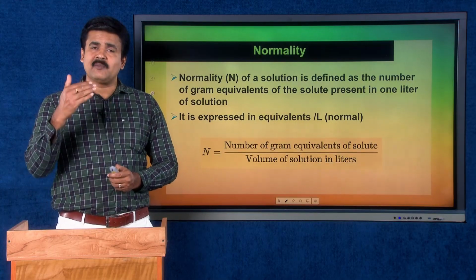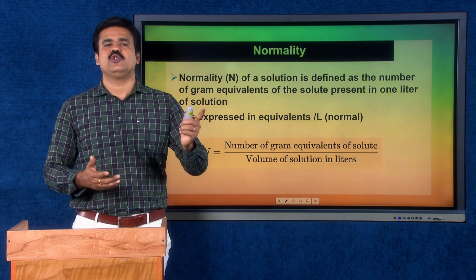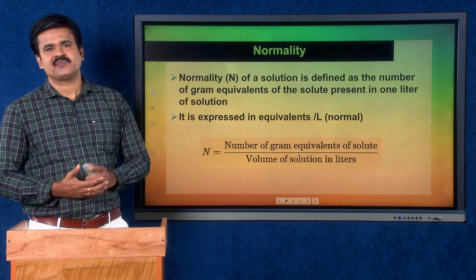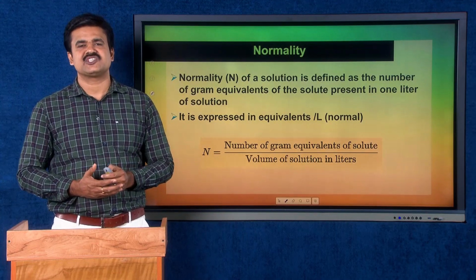Now, normality N of a solution can be calculated by using this expression: normality N is equal to number of gram equivalents of the solute divided by volume of solution in liters.